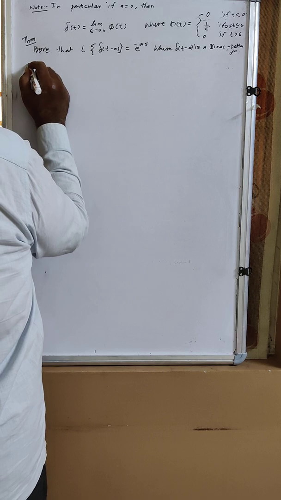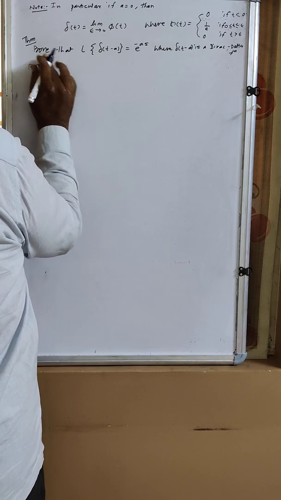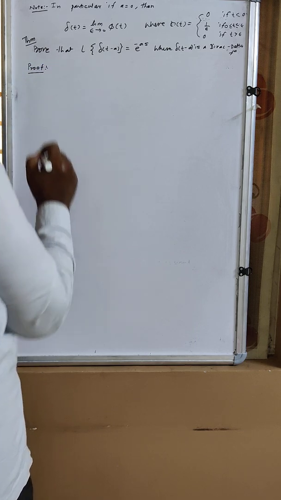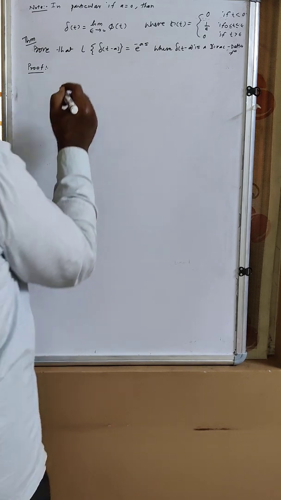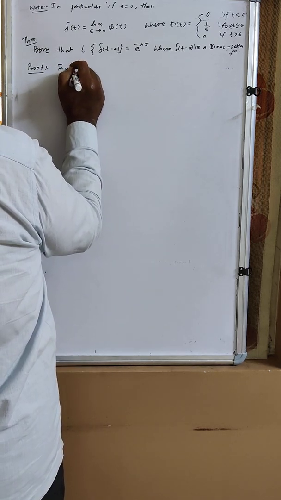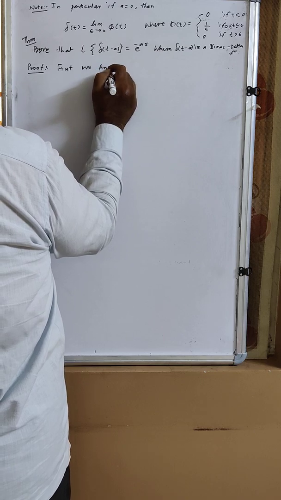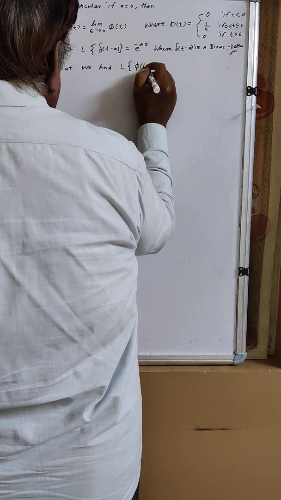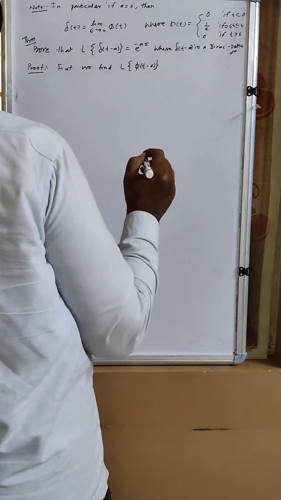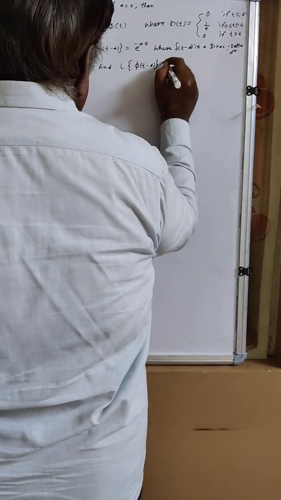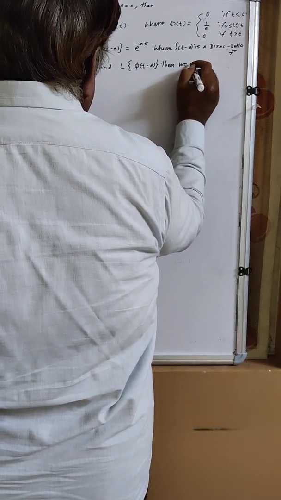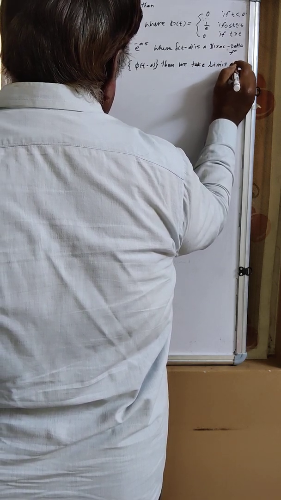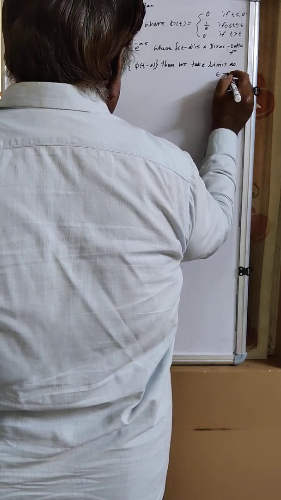So first we find the Laplace of phi of t minus a, then we take the limit as epsilon tends to 0.